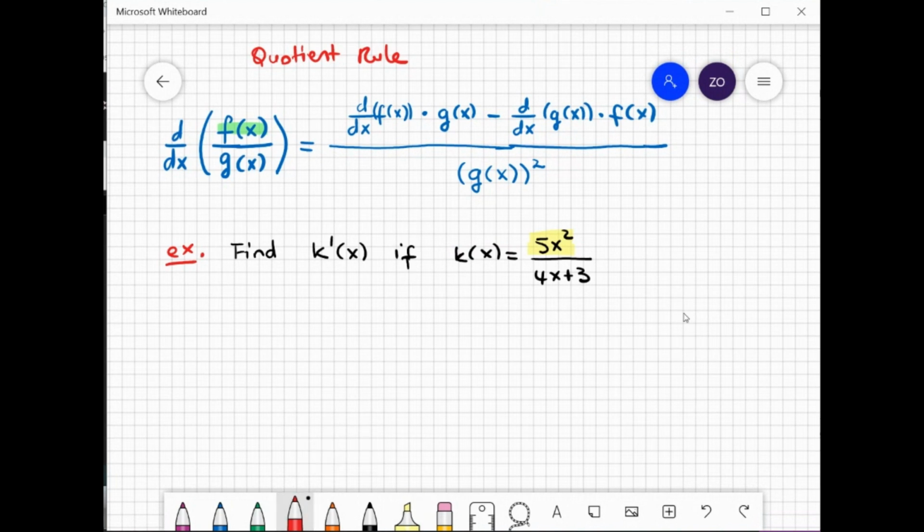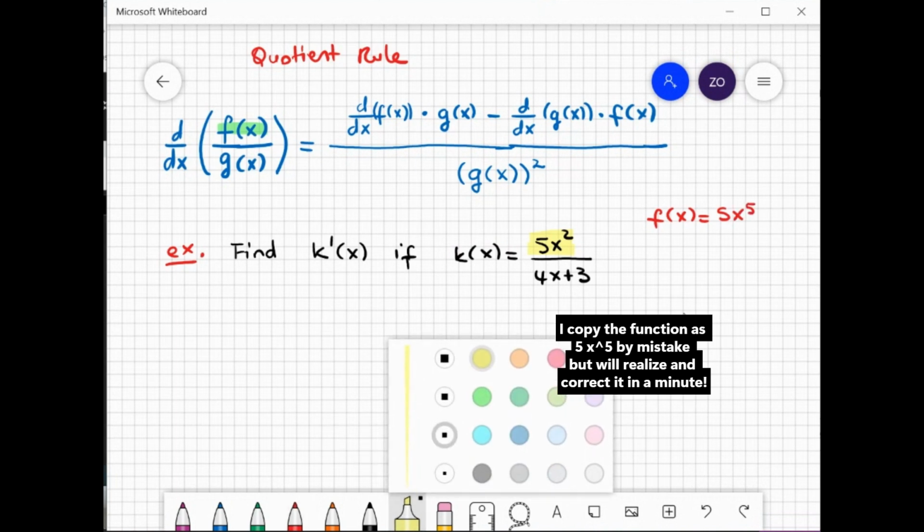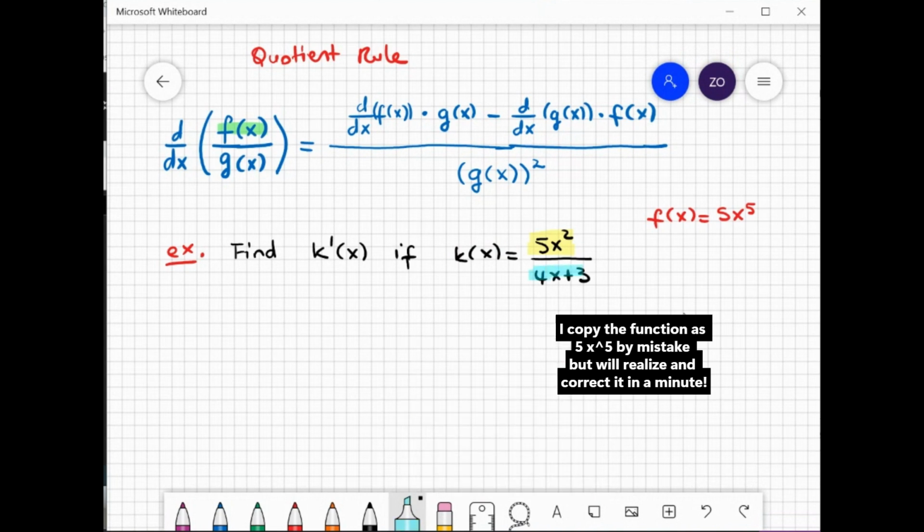So we can call the top function f of x, the top function, and the bottom function, let's call this the g function. And then we will find the quotient of these two functions.